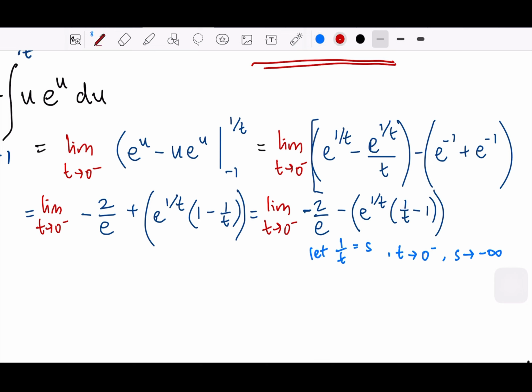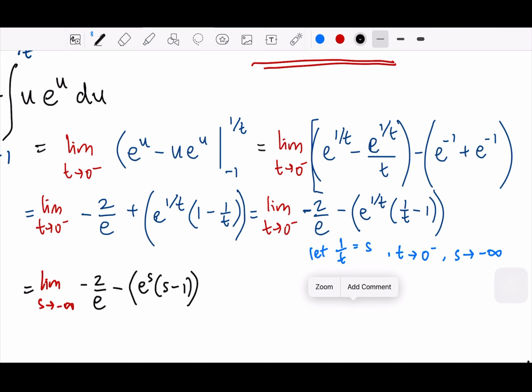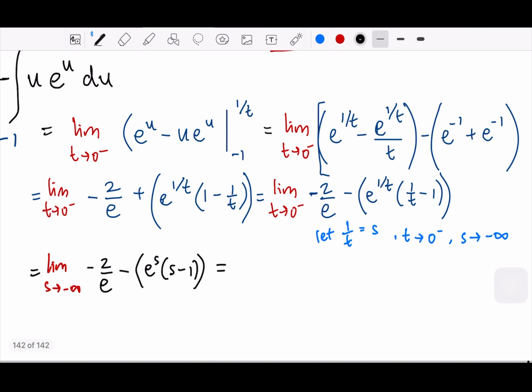So we could take the limit now, changing to s, approach negative infinity, and then this is the same, and minus. Now it has become e with power of s, and then s minus 1. And then I think we can take out the negative 2 over e because it's a constant. So let's just take it out, and then minus, and then write the limit.